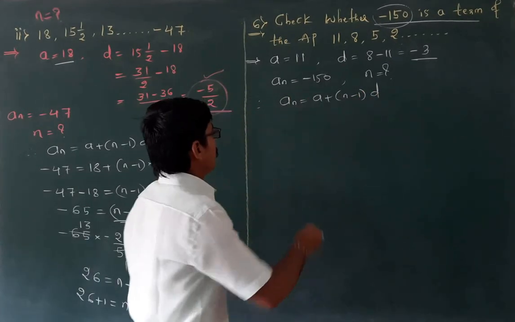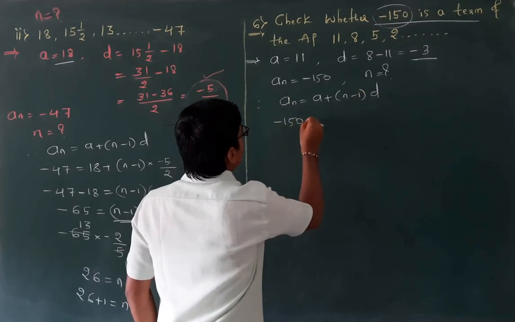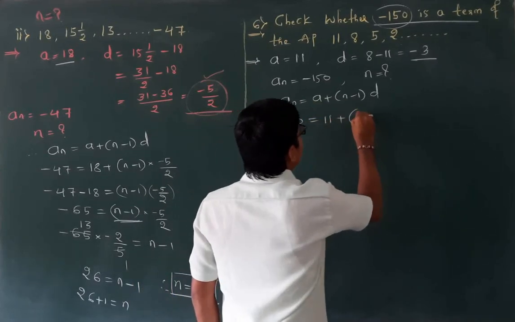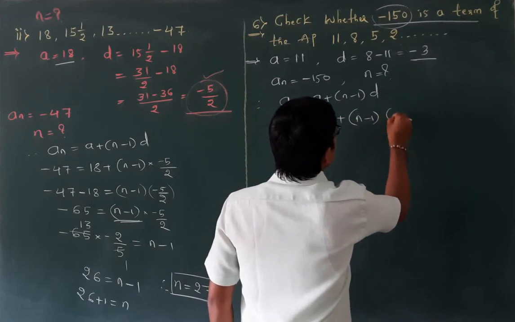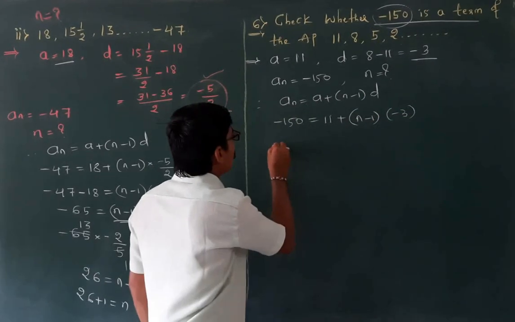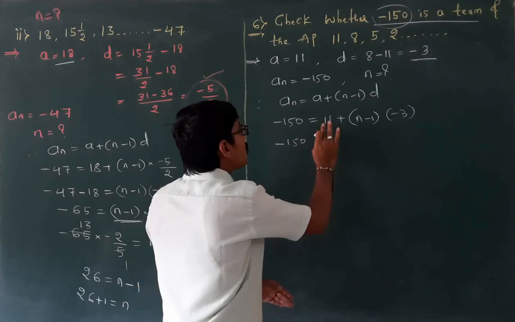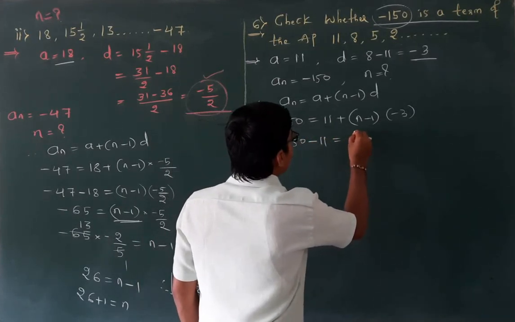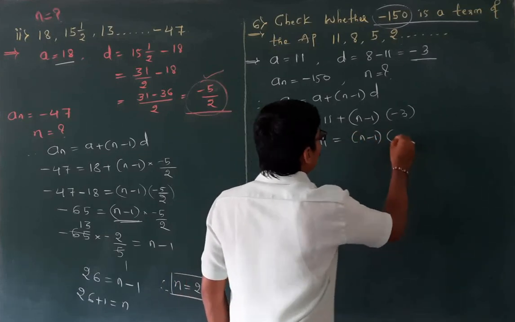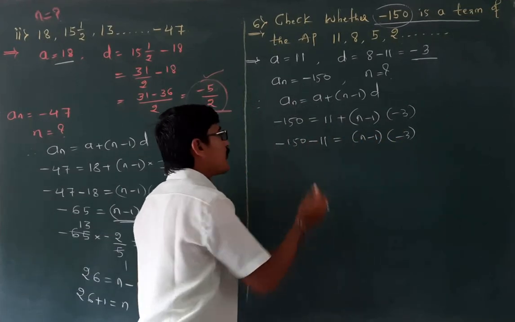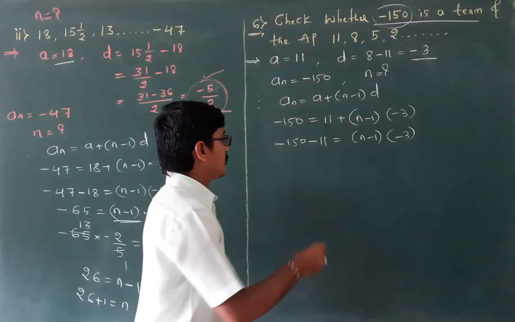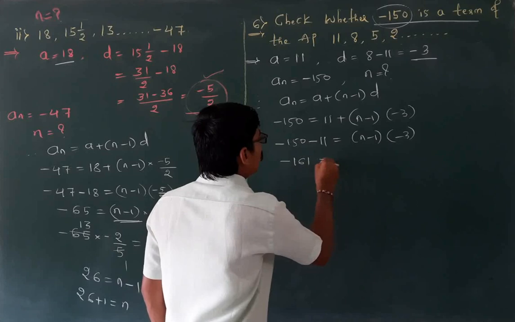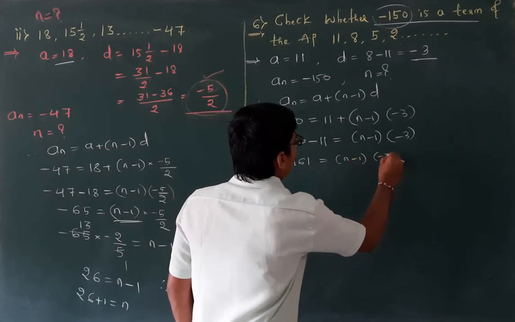By using the formula, an is equal to a plus n minus 1 into d. The a value is given: minus 150 is equal to a value 11 plus n minus 1 as it is into d, which is minus 3. So minus 150 minus 11 is minus 161, is equal to n minus 1 into minus 3.